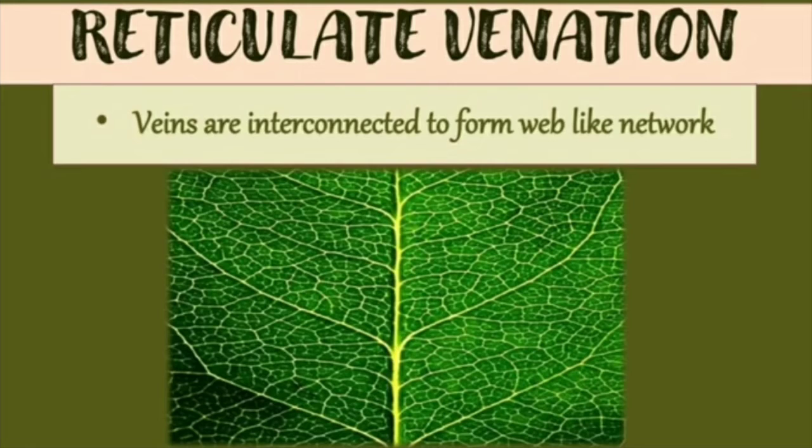For example, a peepal leaf. If you have seen the leaf of a peepal, you must have observed a web-like structure of the veins. So it is an example of reticulate venation.